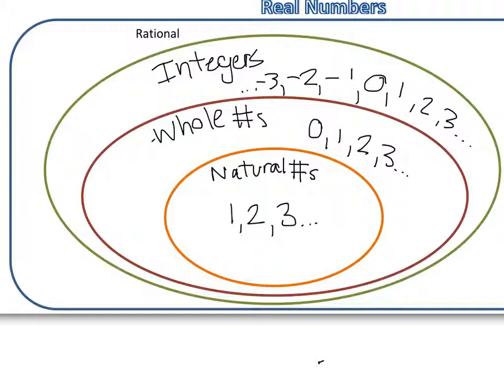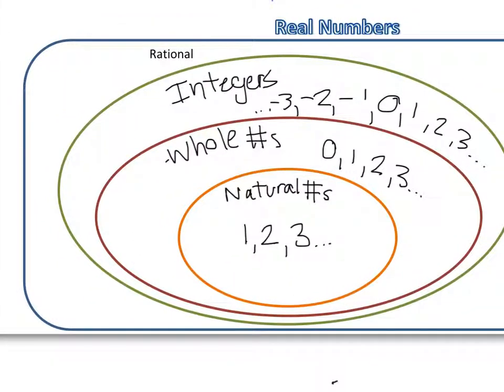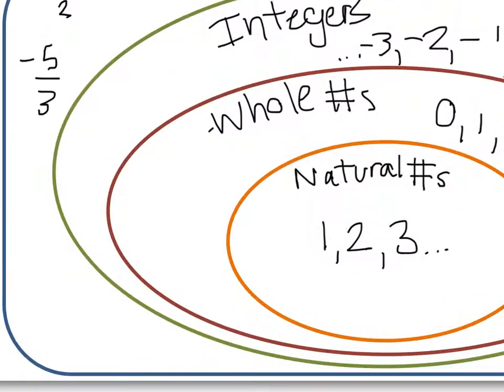Then, on the outside here, we've got rational numbers. Okay, so we've got lots of other things that fit into that category. We know that, remember ratio, so we're talking about fractions. So like 1 over 2 or negative 5 over 3. Those are rational. What about decimals? We had two kinds of decimals that are rational.